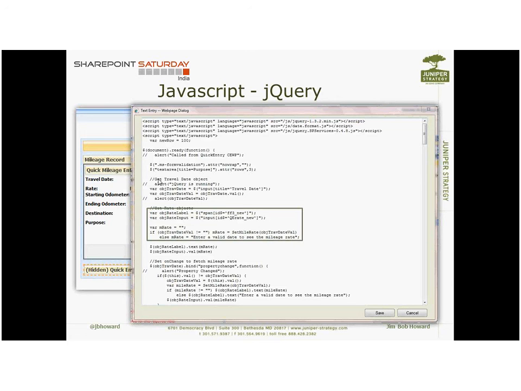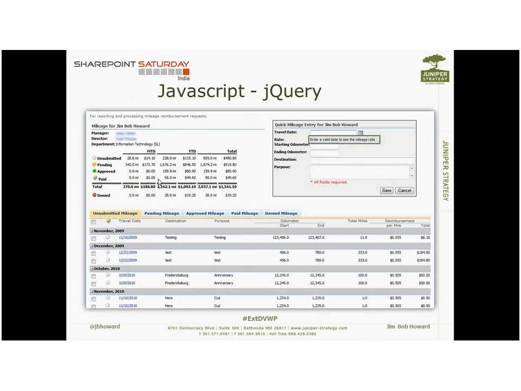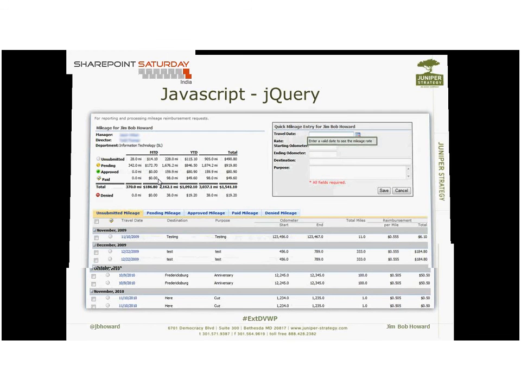Now, I didn't want the user to be able to write that information in. I want to look up that data and then put that into the field itself. So I didn't take it off the page, I just hid it. The user can't enter it, but I'm going to put something in it. So when the user clicks save, I write it out. I'm using jQuery to enhance that functionality on the front end. So you see here's where that is. Okay, and then we'll move on to the next thing.